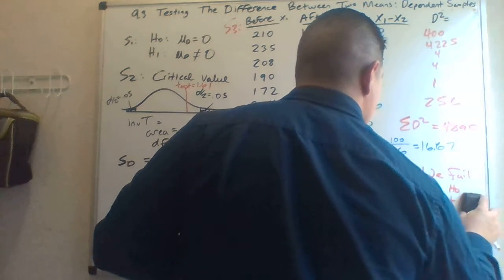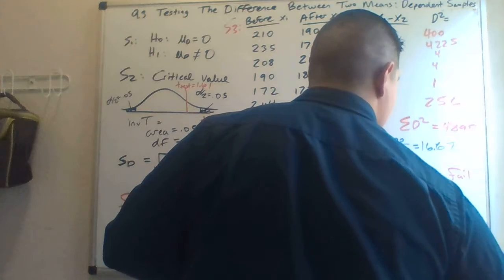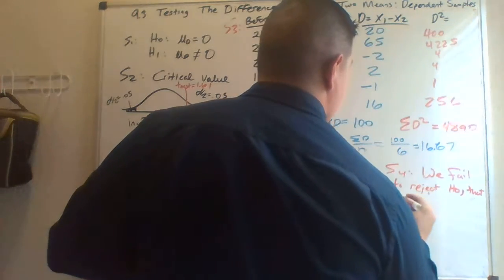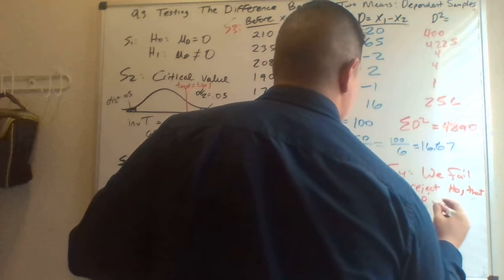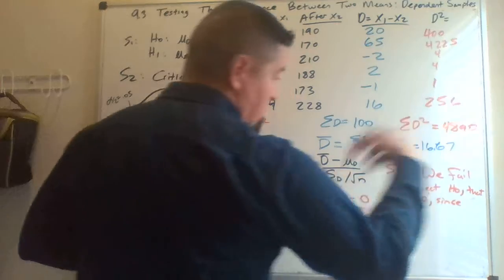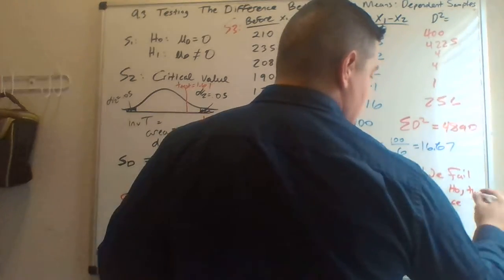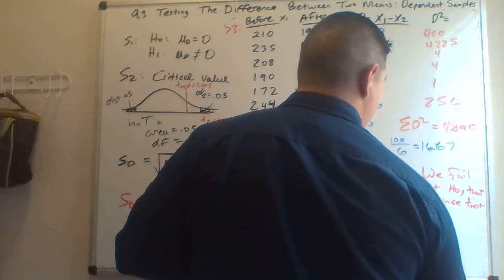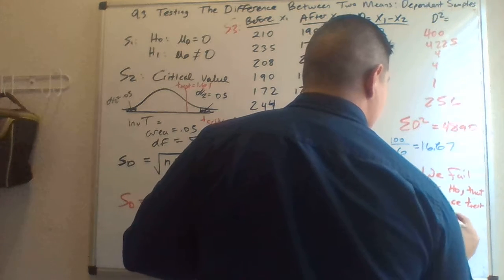Oh, well, let's say something about H naught. We failed to reject H naught, that the mean difference is equal to 0, since, and I think we didn't put this on the previous ones, justification, since the t-test is not in the critical region.